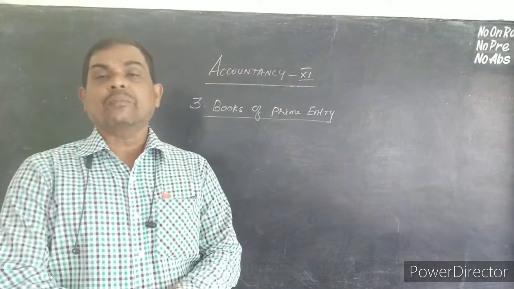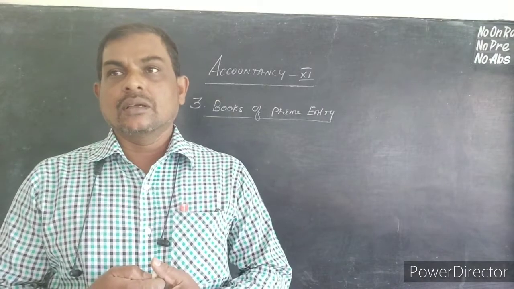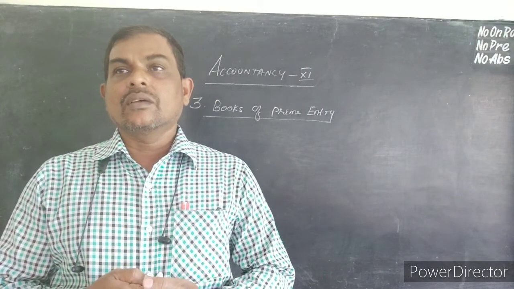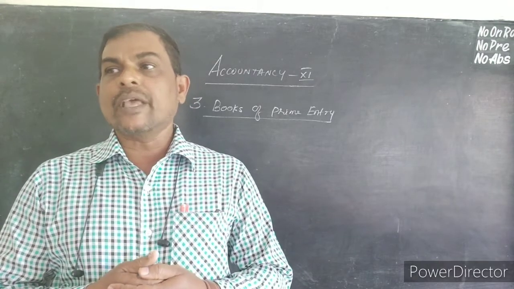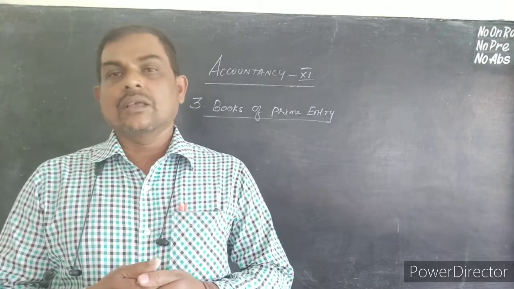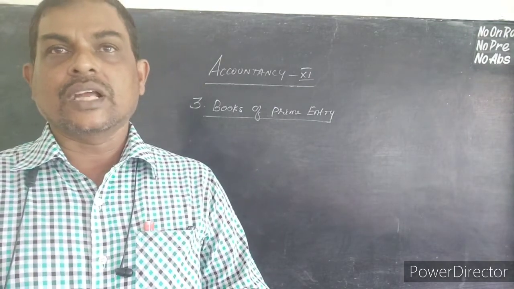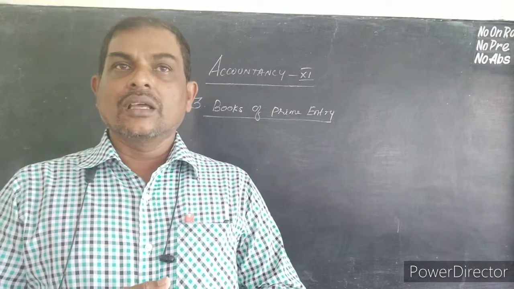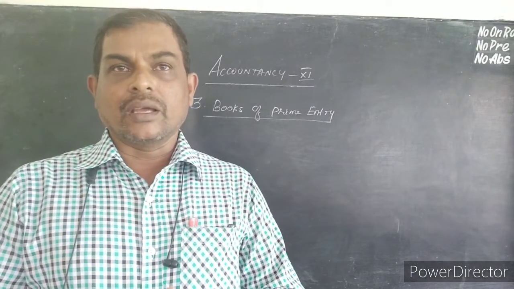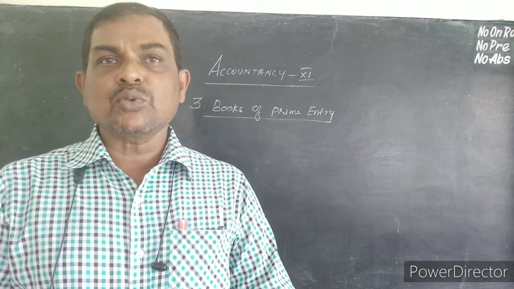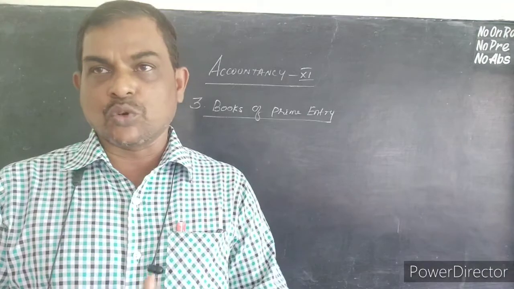In this lesson on books of prime entry, I already taught you what source documents are. Source documents are how we record the accounts based on the journal entries. For the journal entries, we need proofs, that is cash voucher, credit note, debit note, bank pay-in slip, etc. With the help of these, we should enter the transaction in our accountancy notebook.